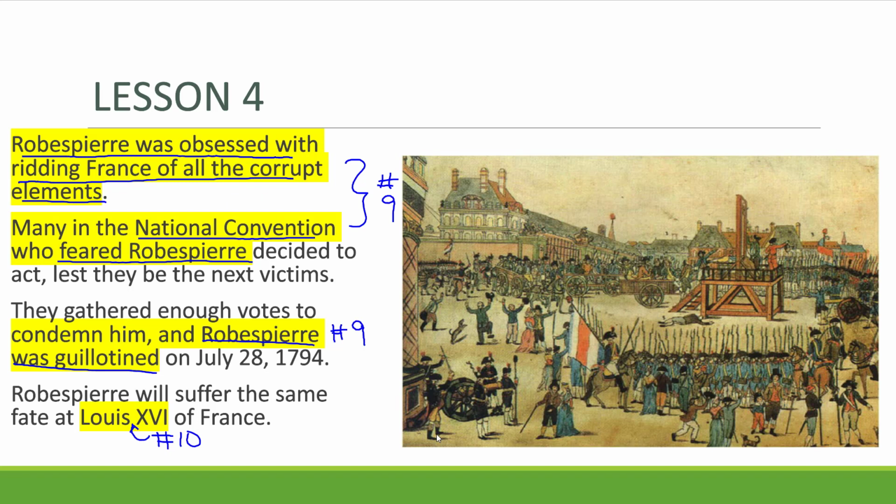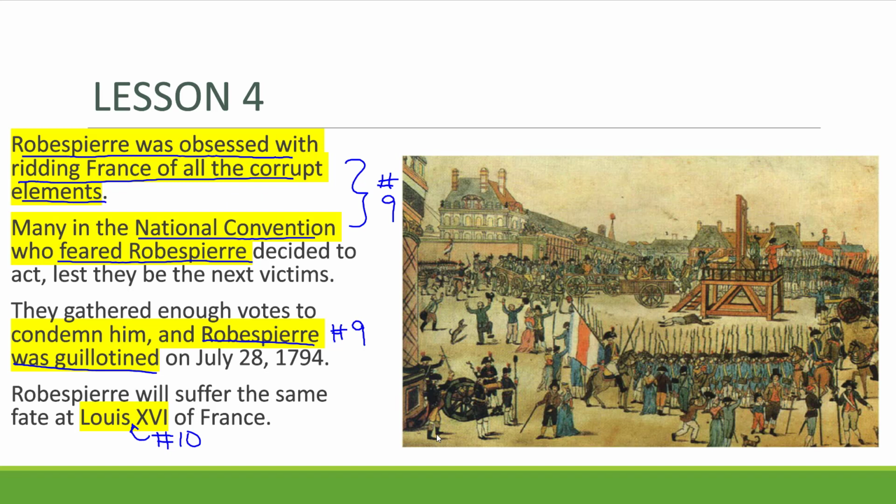And then you have the Committee of Public Safety, which Robespierre is running, and it's almost like Robespierre is trying to usurp or use more power than he has, and now the National Convention is like, you're doing a little bit too much, right? Especially when it came to his idea of a good citizen, and using very violent methods to do so.